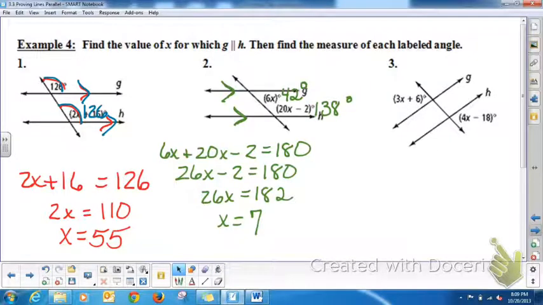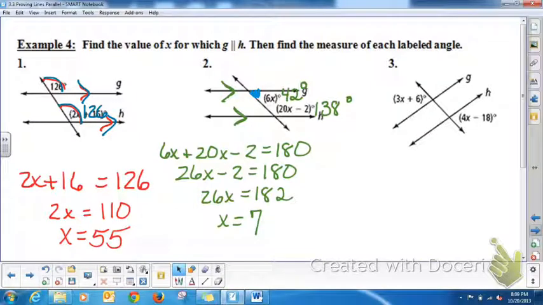So if they were consecutive interior angles or same-side interior, then they would have a sum of 180. You would add them together to equal 180. You would combine like terms, add 2, divide by 26 to get that x is equal to 7. When you substitute in the value for x, 6 times 7 is 42 degrees. So this angle here would be 42 degrees.